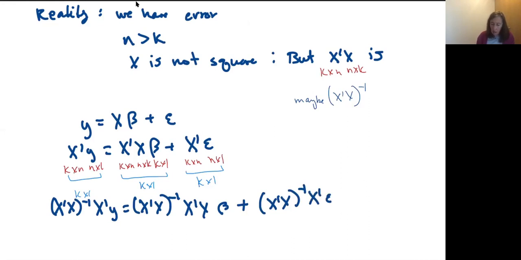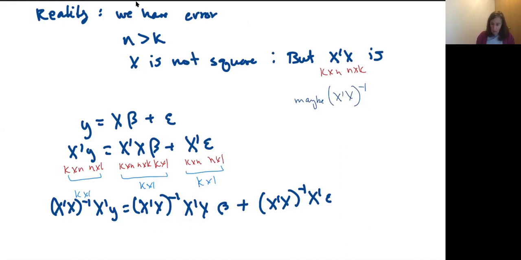All right. Oh, look how cool this is. Right here, I have something pre-multiplied by its inverse. Yes, it's itself a product, but here I have X prime X and X prime X inverse, so that equals the identity matrix.